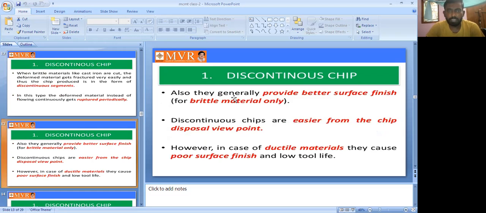Discontinuous chips generally provide better surface finishing with brittle materials, and they are easy to form for chip disposal.